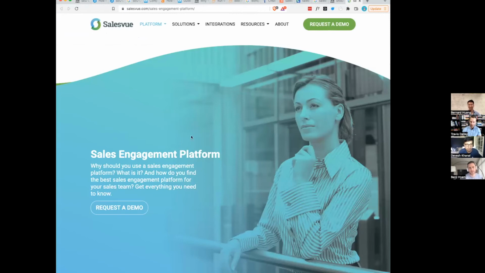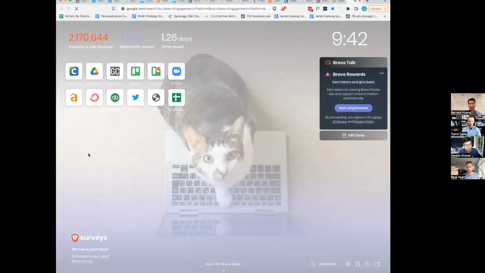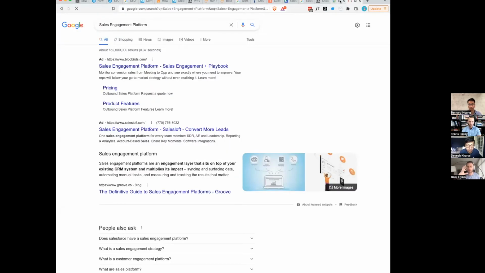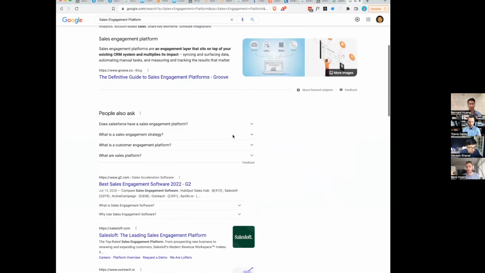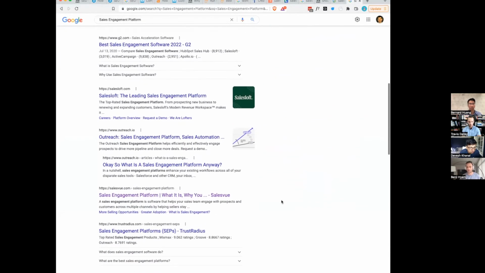Well, I think just to start off, this even ties back to that last blog post we were just talking about, because what we often see with these keywords, like sales engagement platform, is that almost every company wants one of their product or service pages to rank for this keyword. If you think about the goal of this page on your site, it almost has competing priorities with search.